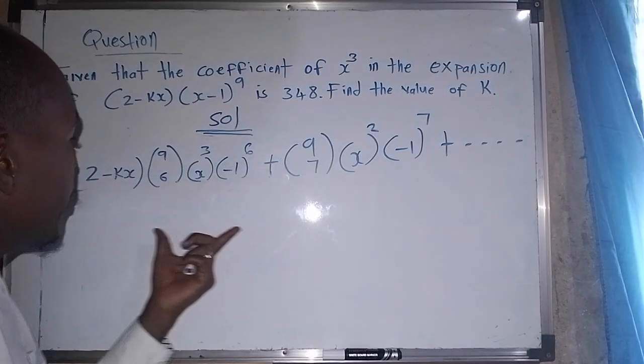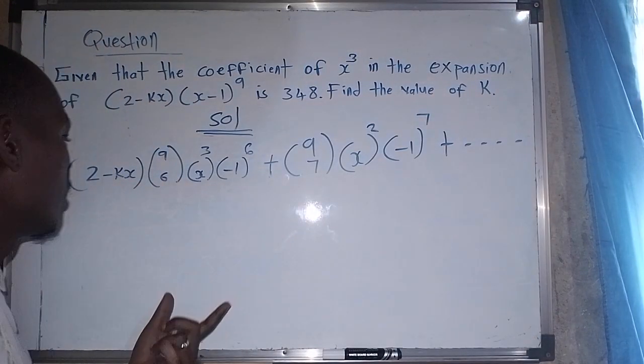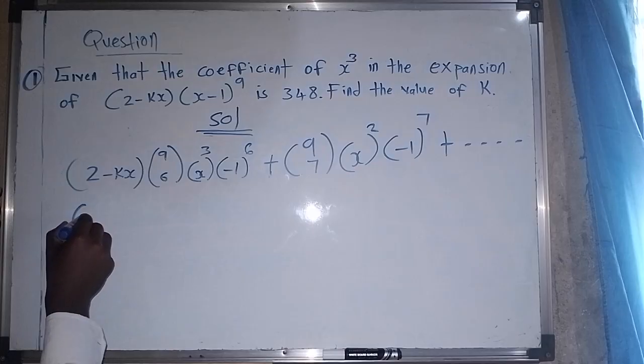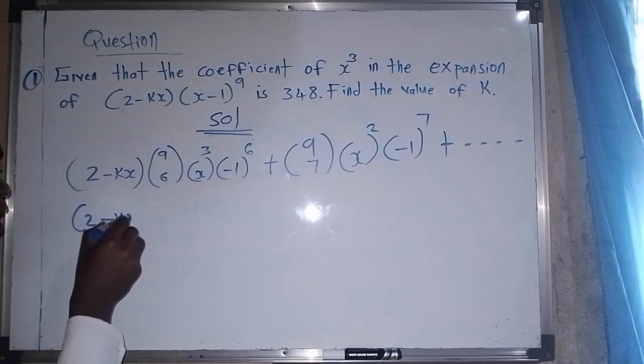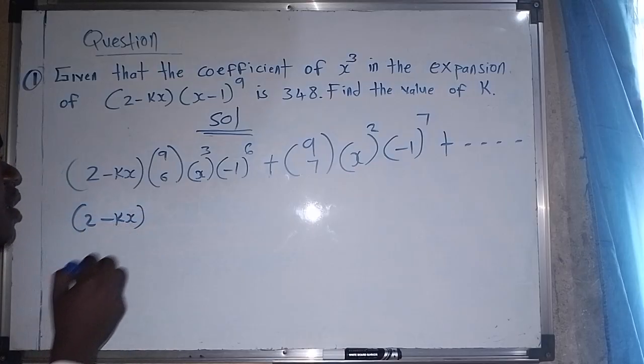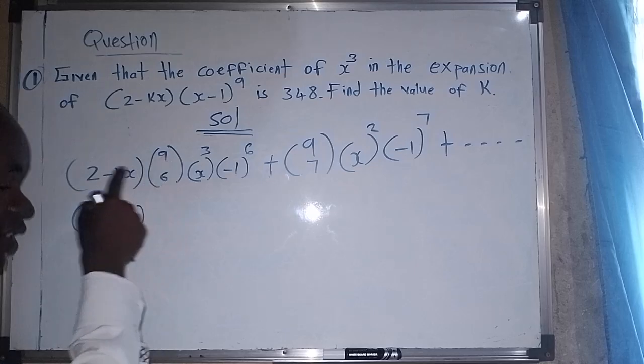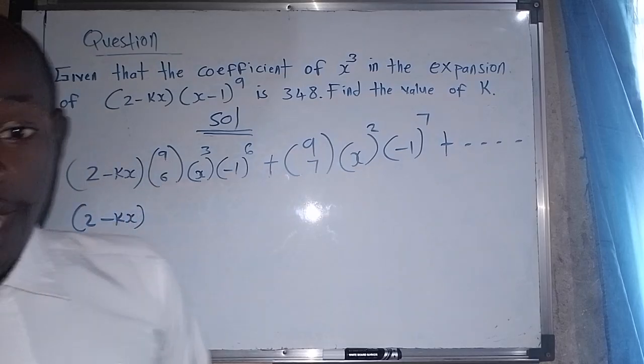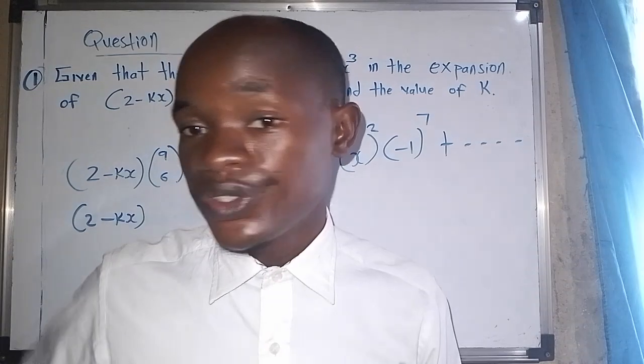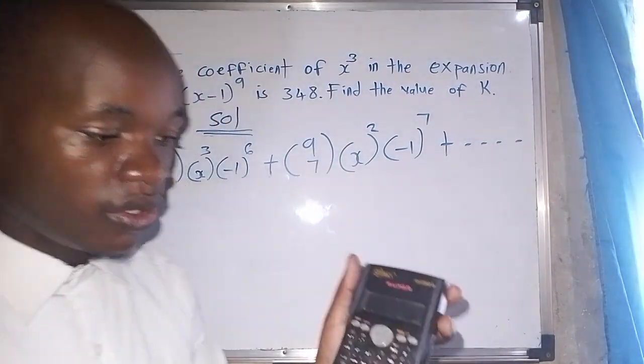Now, when we reach this stage, 2 minus kx will maintain its position. Then 9 combined 6. For 9 combined 6, you use a calculator. So I'm going to show you.